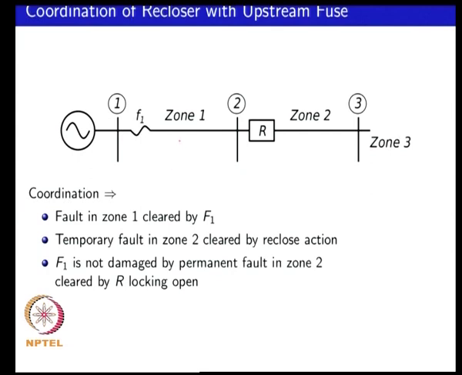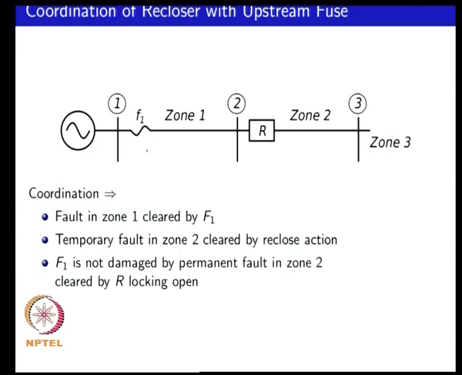Obviously, in this case, if you have a fault in zone 1, it has to be cleared by fuse F1. If you have a temporary fault in zone 2, your recloser should clear the temporary fault by its reclose action. If you have a permanent fault in zone 2, then your fuse F1 should not get damaged, which means that your recloser should lock open before fuse F1 gets damaged.